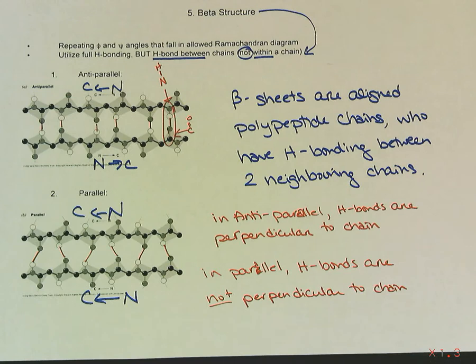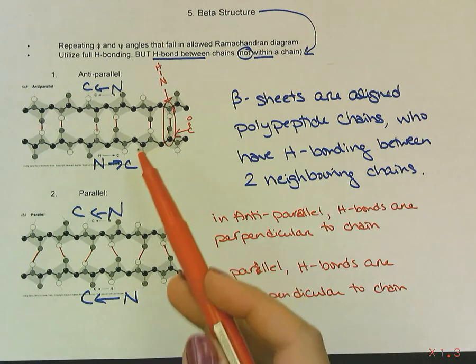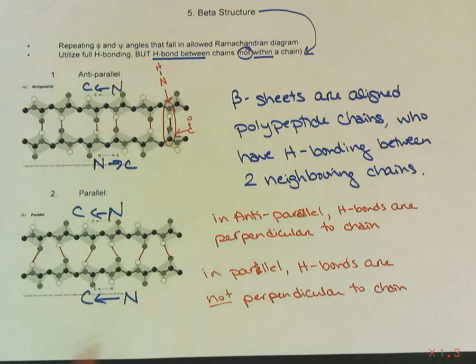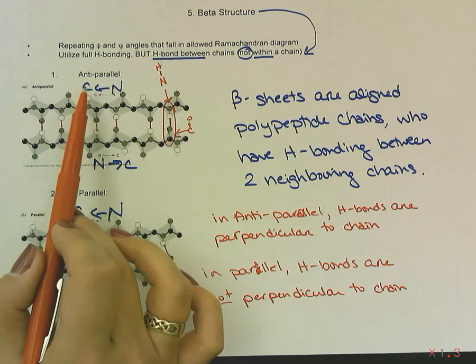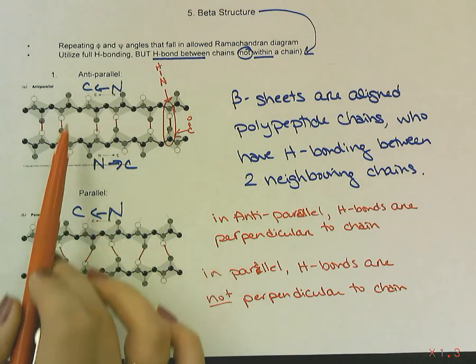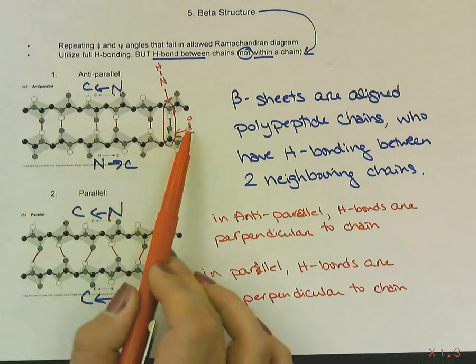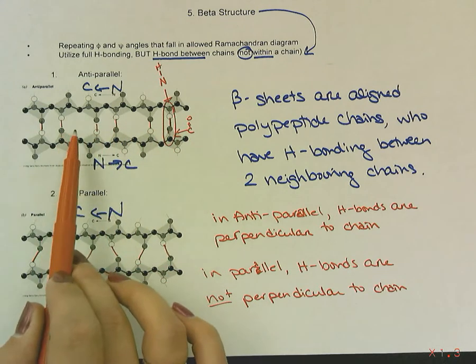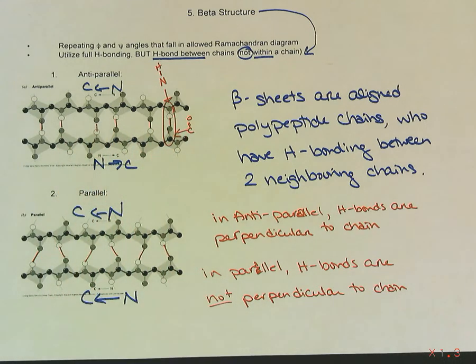And so there are different times when one is more likely to occur than the other. But based on what you know about hydrogen bonding and lining things up, which of these two is going to be more favorable, structurally secure? Anti. So anti does occur more often because of the way it lines up. Those hydrogen bonds are nice and straight compared to the chain.